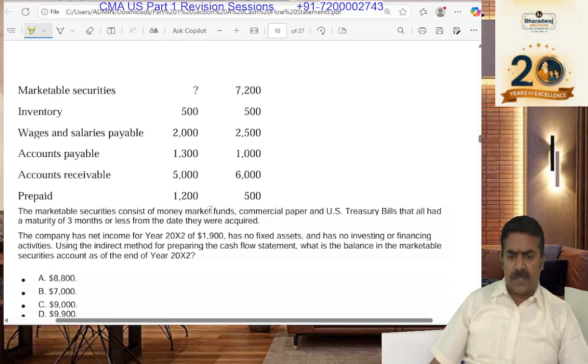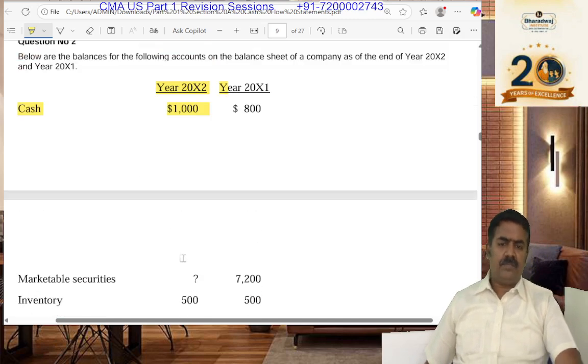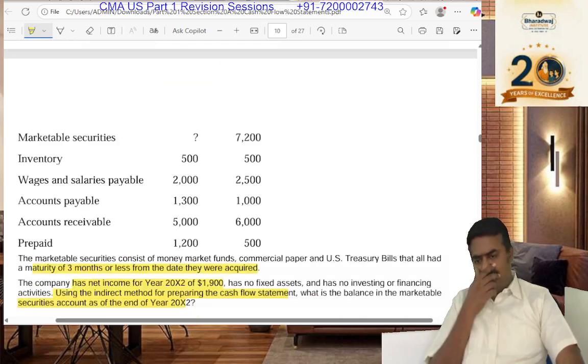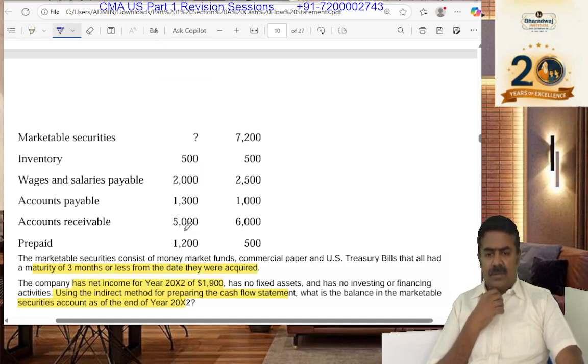Marketable securities consist of money market funds, commercial paper, and US Treasury bills, all with a maturity of 3 months or less. What is the net income of the company? 9,900. There is no fixed asset, no investing or financing activity. Using the indirect method of preparing the cash flow statement, what is the balance in marketable securities? They ask for the marketable security. What is the net income?